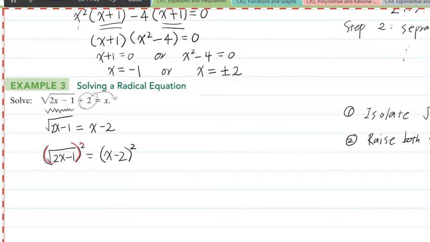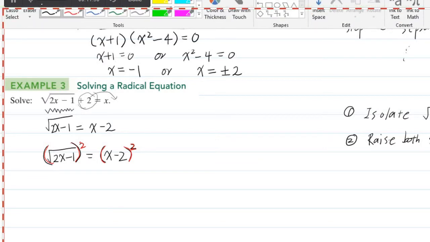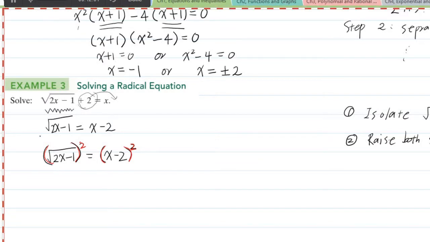Let's make this a red color. Because we know square root, if I take a square, then that will make this part disappear. So square root is square. So this is going to disappear, cancel out each other. So what we have left is, let's go ahead.